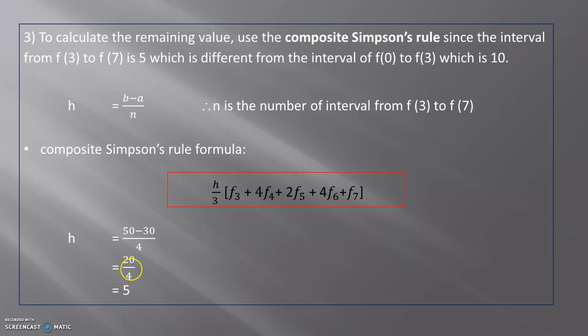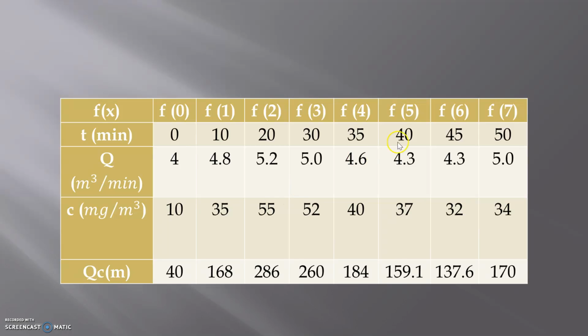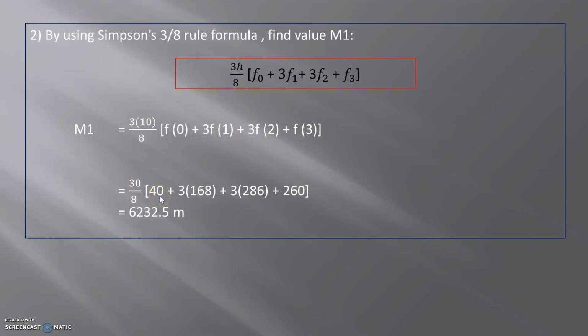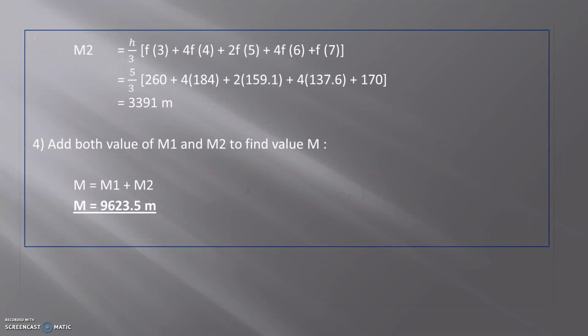So from H, we could calculate the remaining value of the data by using the formula of M equals to H over 3 times function of 3 plus 4 function of 4 plus 2 function of 5 plus 4 function of 6 plus function of 7, to use all the data from function of 3 to function of 7, to find the value of M2.